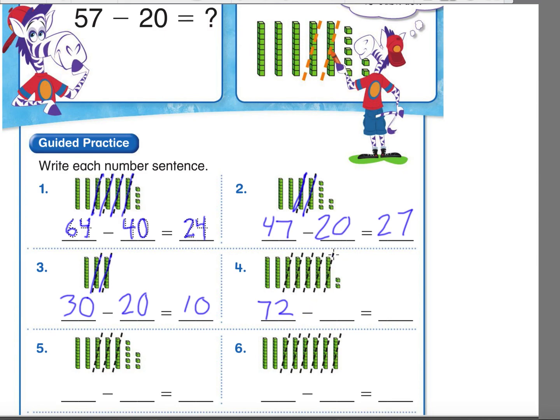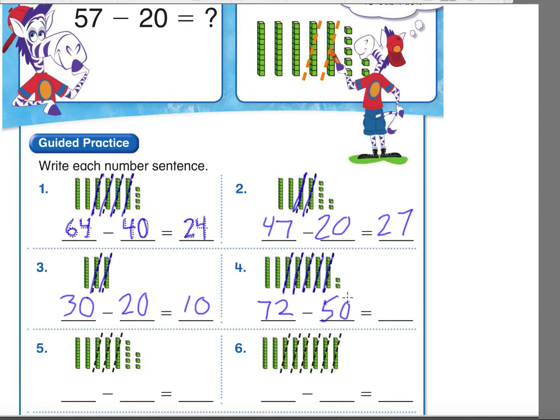And we'll count them as we cross them out. We have 1, 2, 3, 4, 5. So if we have 5 10s that we took away, what big number does 5 10s make? 5 10s makes 50.